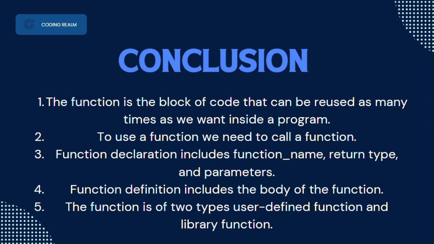The function definition includes the body of the function. Functions are of two types, user-defined functions and library functions. And finally, according to the way values are passed, we have call by value and call by reference. This is all about functions in the C programming language.